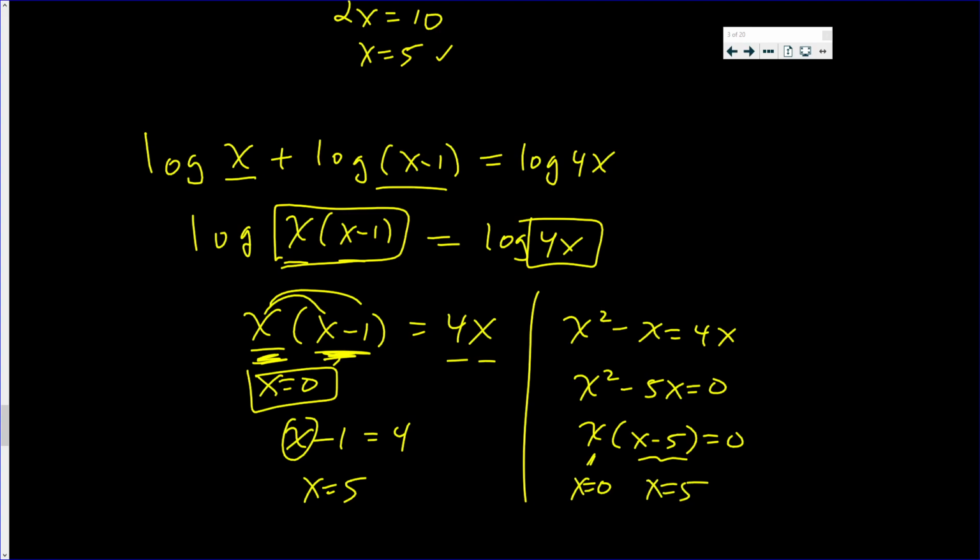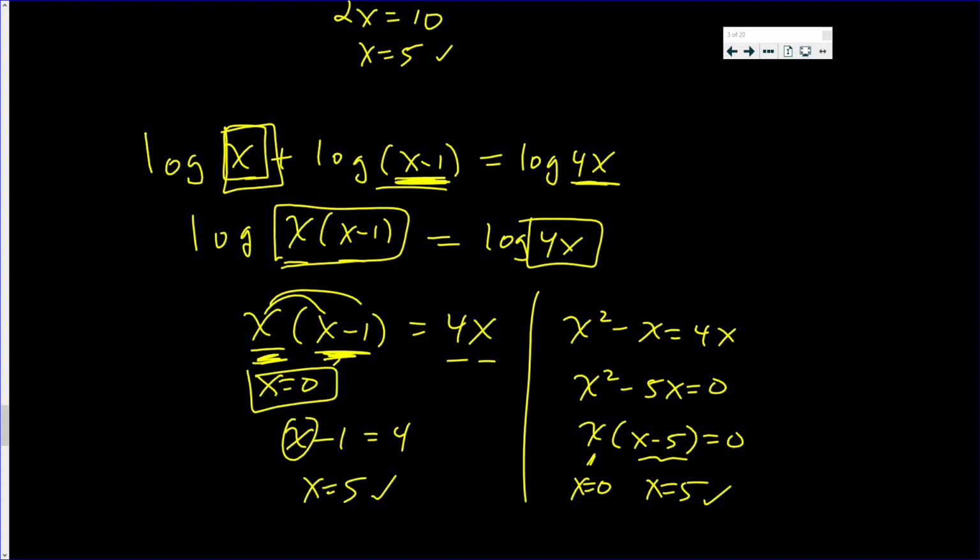Now, if x is 5, this will be 5, this will be 4, and this will be 20. All positive values. Well, if x is 0, this will be 0. You can stop right there. Or 0 minus 1 is negative 1.